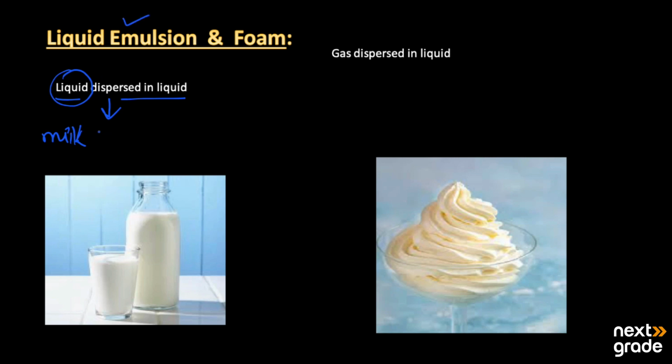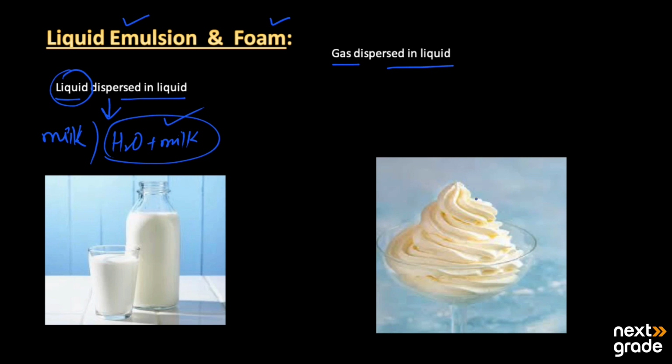In milk, we see water plus milk, because most of the milk is water. Then the fourth class of colloid is foam, where a gas is dispersed in a liquid.